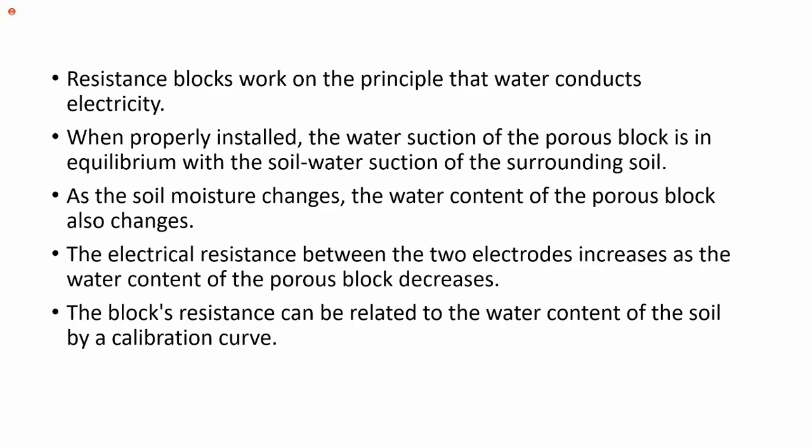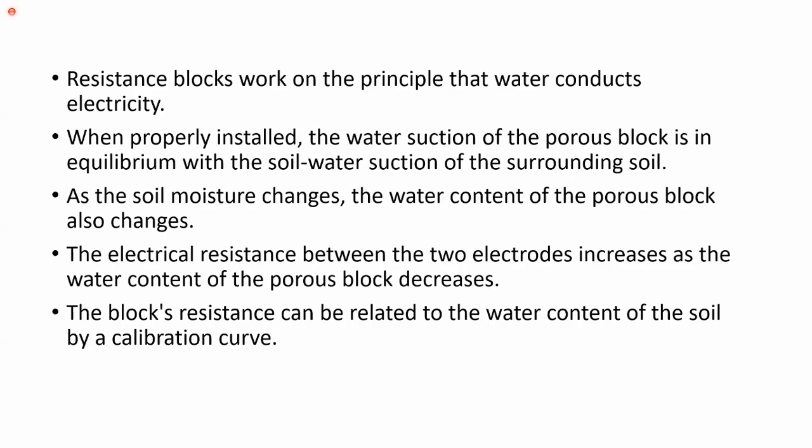Similar to the earlier method, you put the porous block in the soil and equilibrate the moisture content of the soil and the porous block. After that, you take readings of the resistance block at different times, and when you take a reading, you take a soil sample, put it into the oven, and find the moisture content.